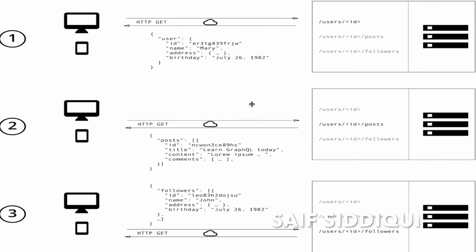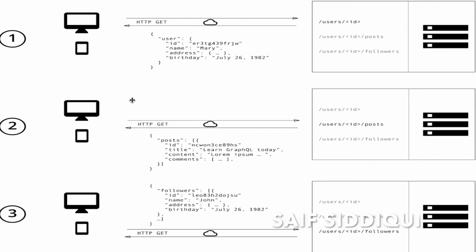So basically, as you can see, this is the picture of REST API, how we are fetching the data. In this screenshot, we can see that for the condition specified previously, we have three endpoints. One is user ID, one is post, and one is follower. If I want to get the ID of the user, I need to send a request and then I get a response.